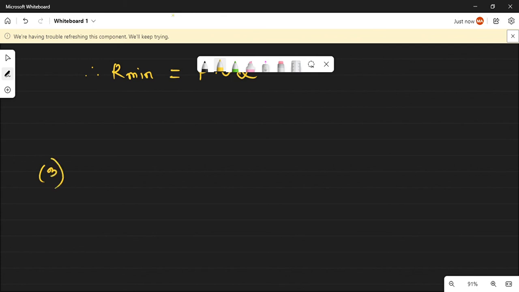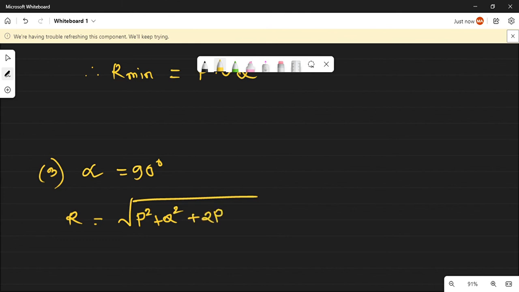The last thing is if the two vectors are working in perpendicular direction, that is alpha equal to 90 degrees, then the resultant will be the square root of P square plus Q square plus 2PQ cos 90, and cos 90 is equal to 0.